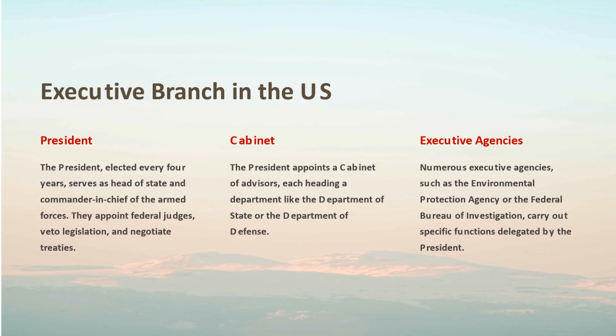For example, State Department, Department of Defense, Department of Justice, Department of Interior, Department of Agriculture, Department of Commerce, Department of Labor, Department of Health and Human Services, Department of Housing and Urban Development, Department of Transportation, Department of Energy, Department of Education, Department of Homeland Security. These are the cabinet advisors who hold their offices.